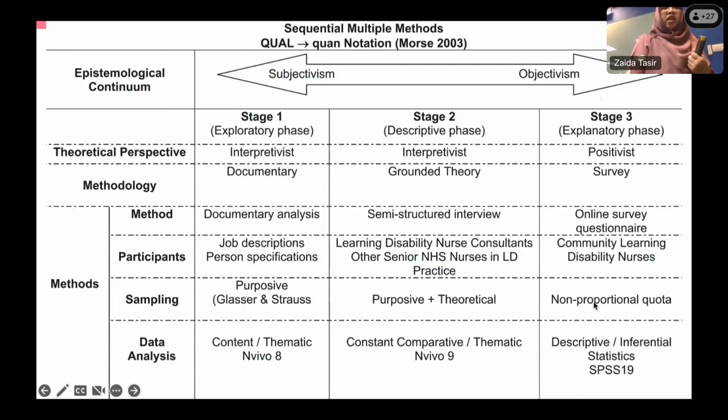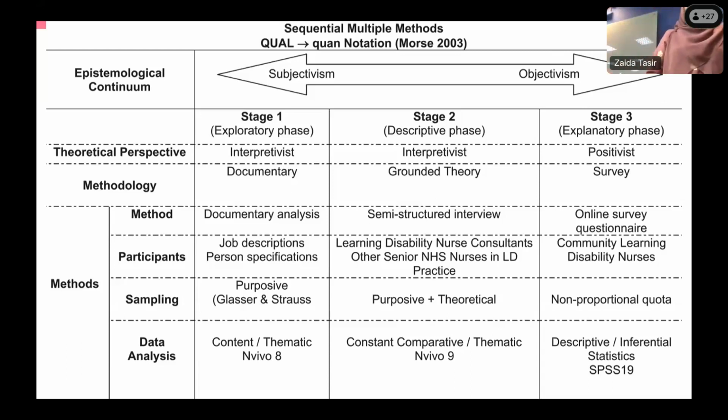Of course, this nature is more on objectivism and more focused on quantitative. But if your research is more exploratory, then your research is going to be interpretivist and will focus more on qualitative. Okay, mixed mode is a combination of both.